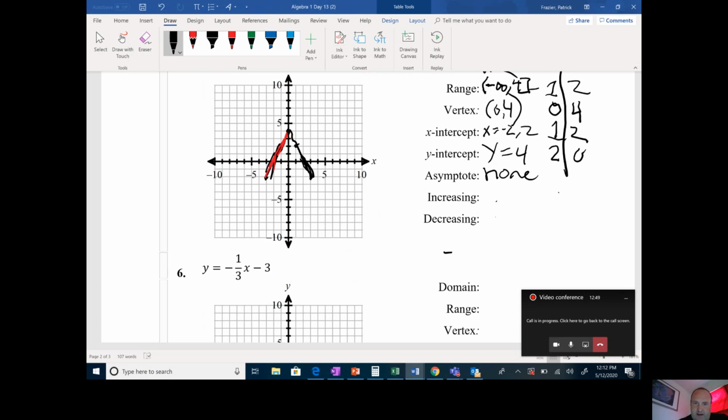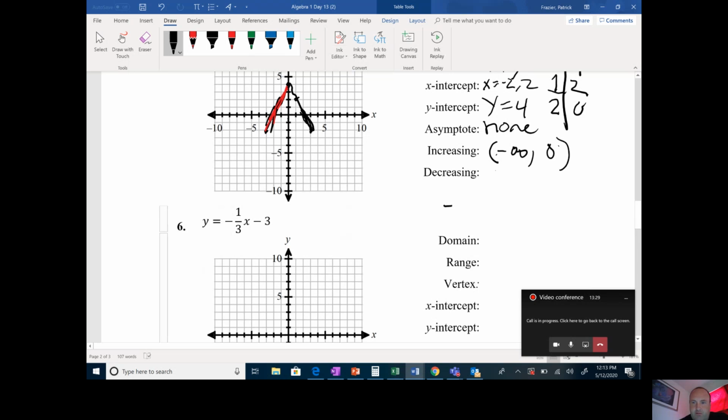So as we move to the left from 0 to -1, -2, -3, and so on, and we go all the way from there, and if one could start at negative infinity and then start increasing, moving to the right, the outputs, the y values, are going to successively get larger and larger until we hit 0. So between negative infinity, and again in parentheses because we never reach that target, all the way to 0, the thing is increasing, and then at 0 it's neither increasing nor decreasing, so I have that in parentheses, not a bracket.